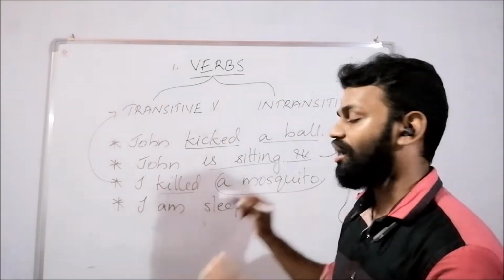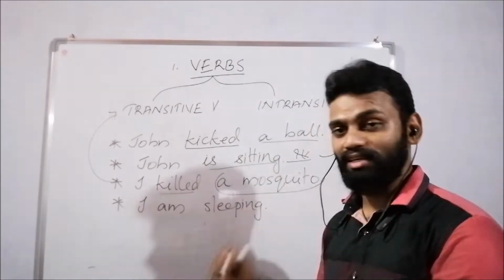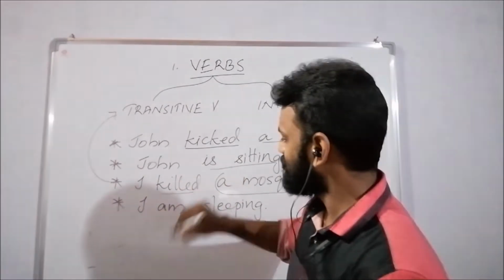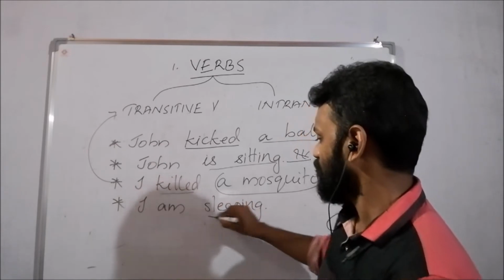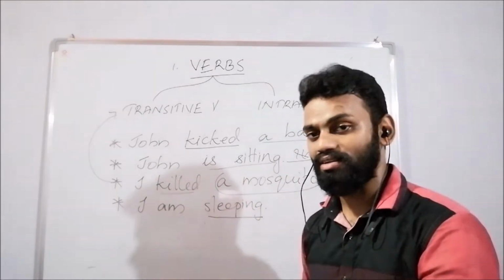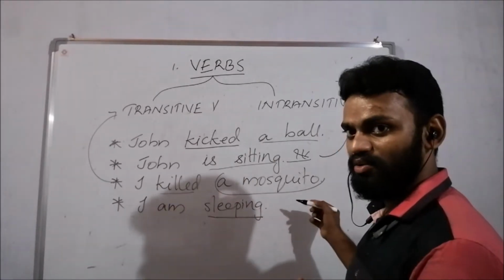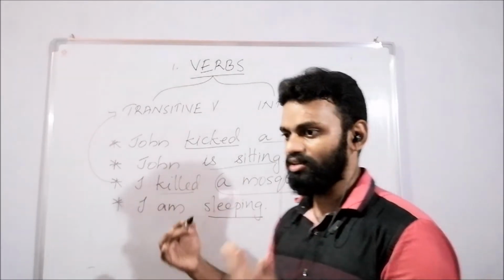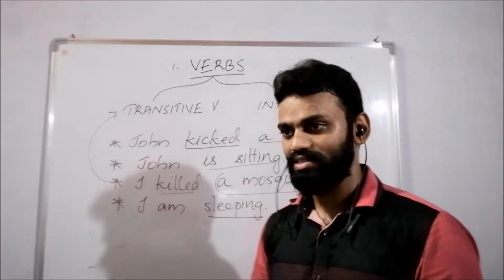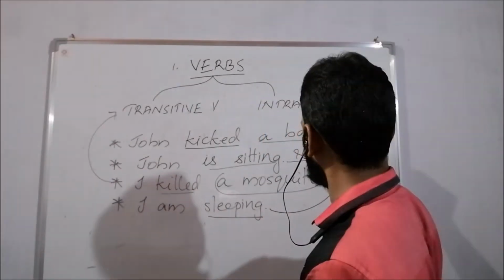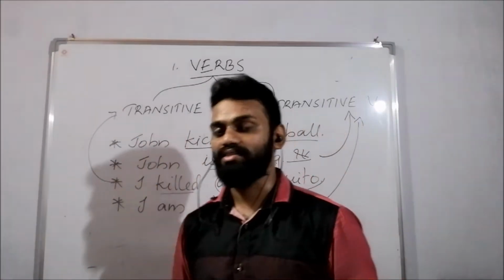And the last one, I am sleeping. Now, is this action of sleeping passing to someone else? No. Obviously not, you don't see anyone here, and sleeping of me can never pass to someone else. So this verb is an intransitive verb.